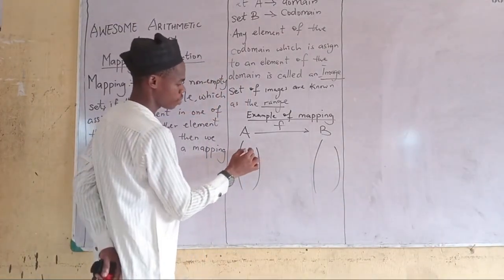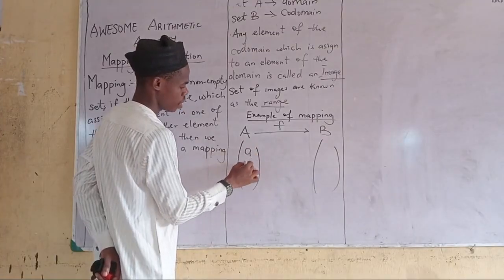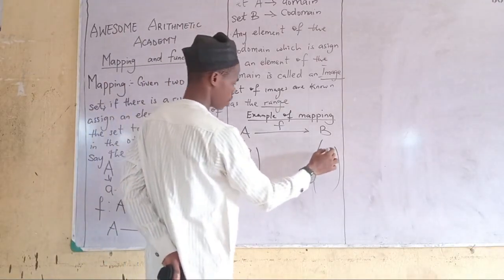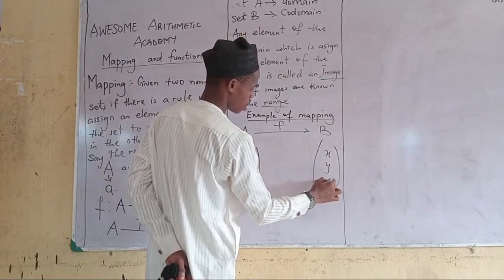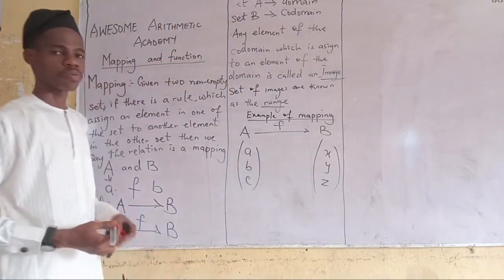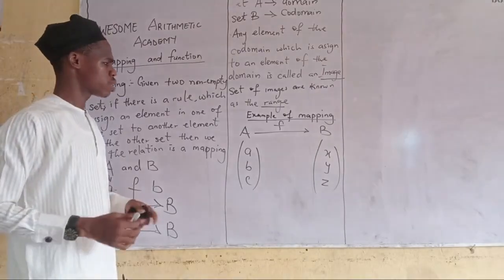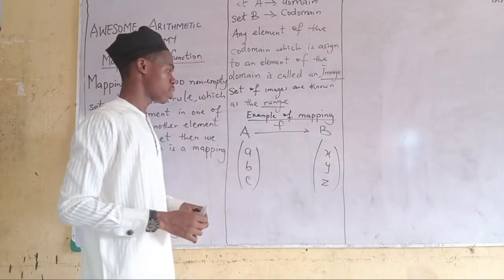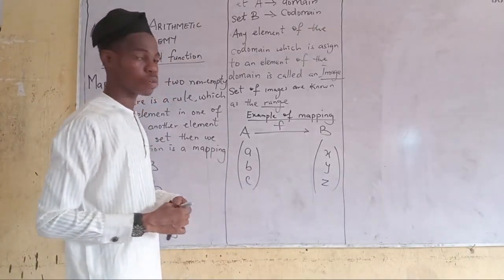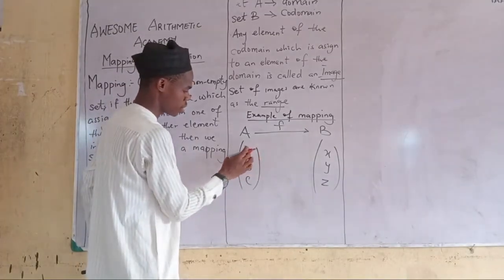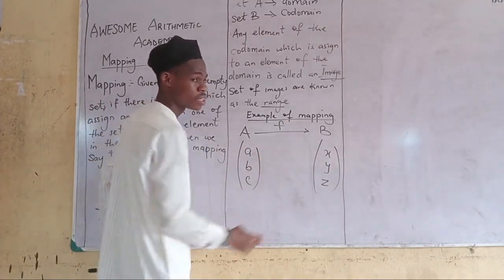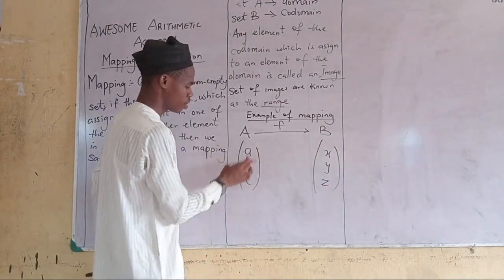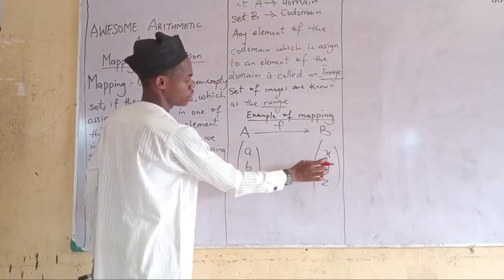Let's say I have a, b, and c on this side, and x, y, z on this side. So when can we say this relation is a mapping? It's when all the elements a, b, c are assigned to an element here, and none of these elements has more than one image.